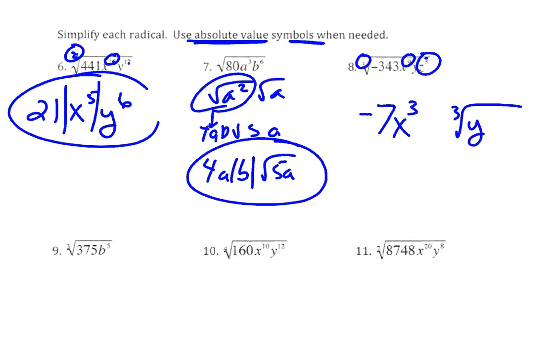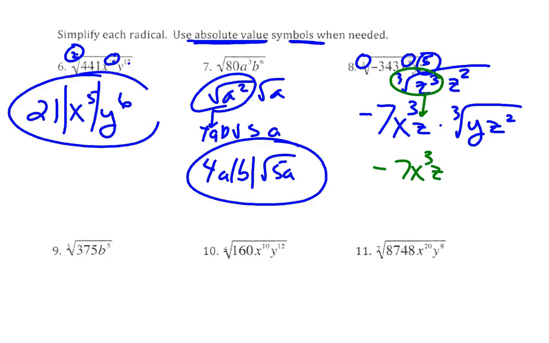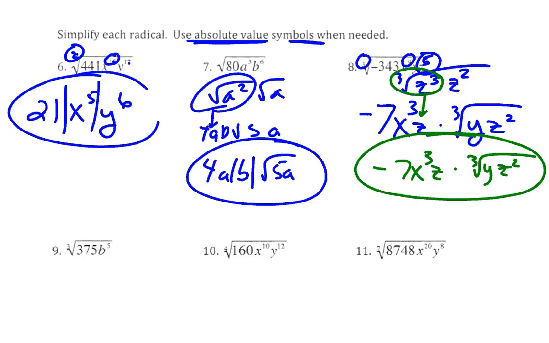And z to the 5th, I can think of as z to the third times z squared. So I can take out one z, and then there's 2 z's left on the inside. Okay? This right here is just z, and then there was 2 left behind. Okay, so negative 7x cubed z times the third root of y z squared.